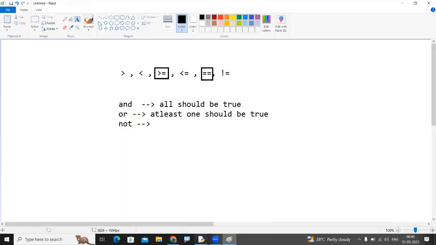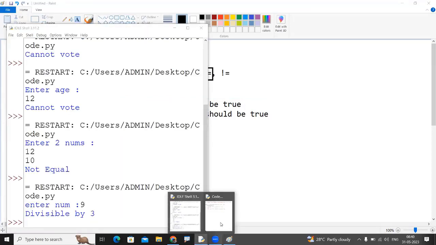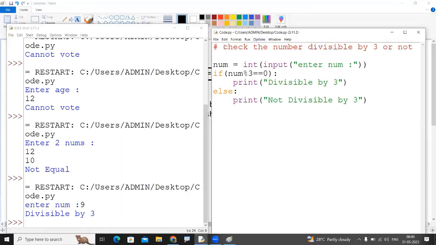If I explain one example, you will understand. Check whether the person is a teenager or not. Teenager means what?